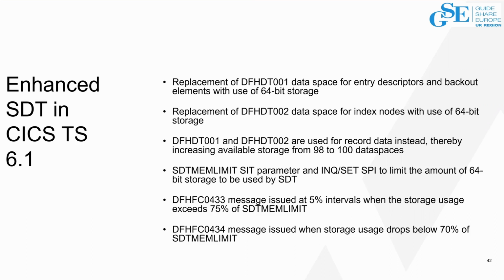But we use 64-bit storage for a variety of purposes, be that TS main, be that container storage, and now for shared data tables. So SDTMEMLIMIT is, if you like, a subset of MEMLIMIT, and it allows you to constrain how much of your overall mem limit you want to allow for use for this shared data tables metadata.